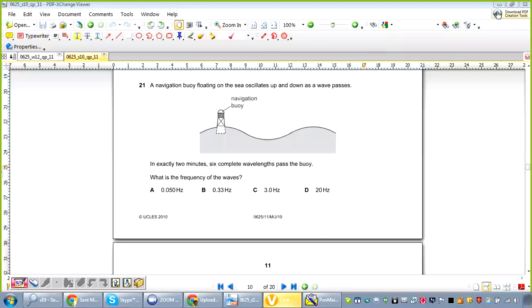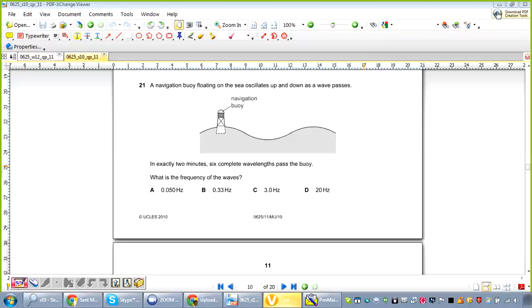A navigation buoy floating on the sea oscillates up and down as the wave passes. This 21st question is standard of this type only. 0.05 hertz, right.